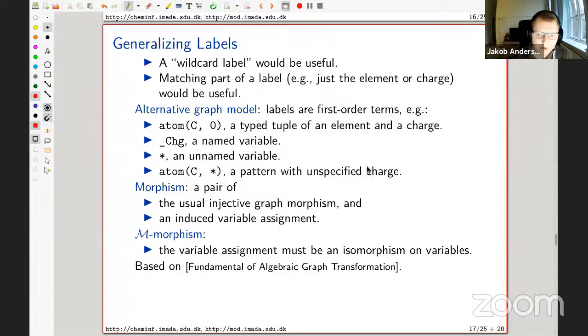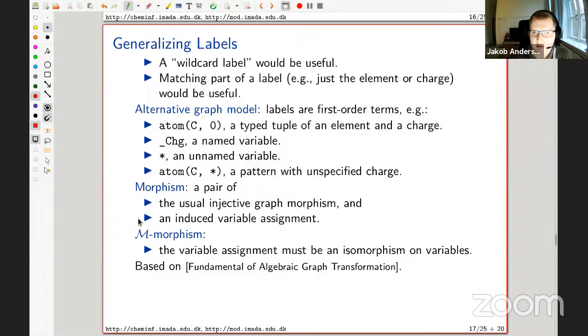The unification will result in some variable assignment induced originally by the graph morphism, and that is our full morphism, the graph morphism plus this variable assignment. We need to have the distinguished set of morphisms for our rules, where we can have just an isomorphism on the variables, and that's enough for having these distinguished morphisms that we need to do pushouts on.